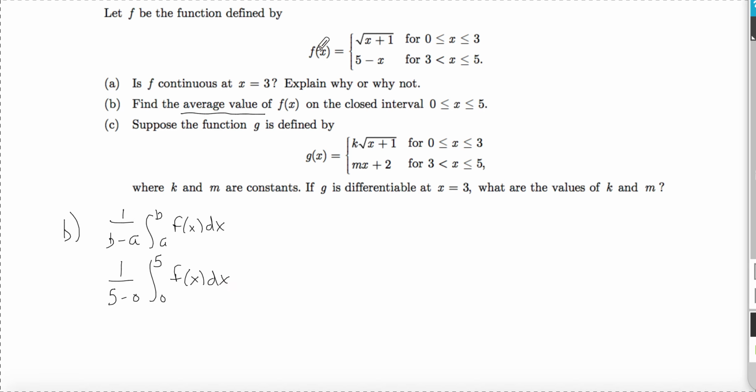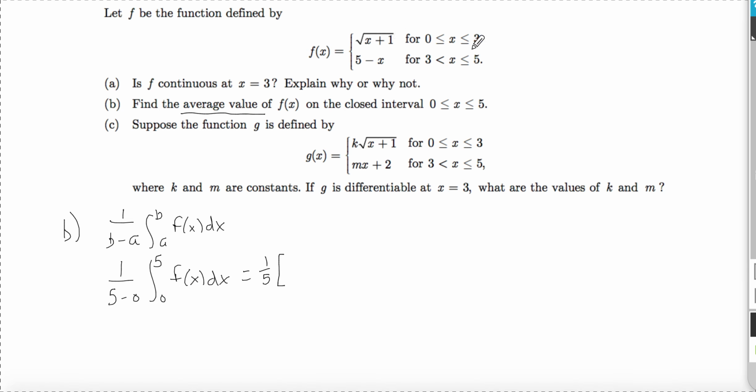But here's the problem I run into. F of x is a piecewise function, right? 0 to 3 and 3 to 5. We're kind of broken up. So I need to fix this a little bit, right? Because the 1 over 5 part, that's fine. But my issue is the integral from 0 to 5 is hard to take because it's broken up.